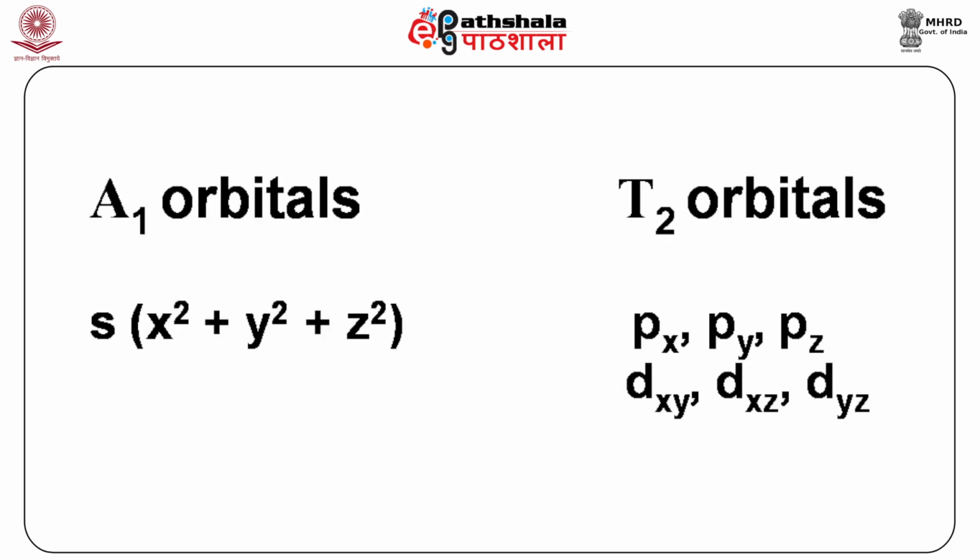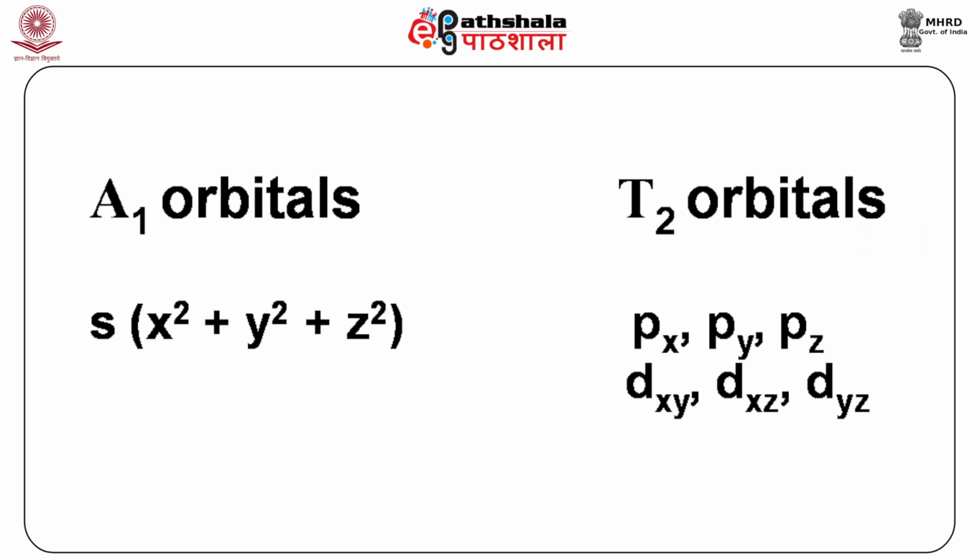This means that the four atomic orbitals must be chosen so as to include an orbital of A1 symmetry and a set of three orbitals belonging to the T2 representation. The character table also tells us the atomic orbitals of the central metal atom falling into these categories.